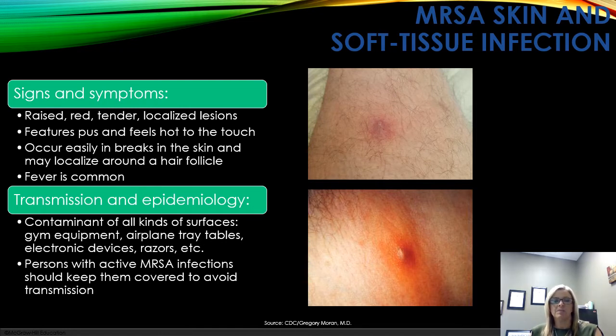So the signs and symptoms here are going to be a red, raised, very tender, localized lesion. It will often pit, which you can kind of see pitting going on up here, but it also will happen here. And it will occur very easily where you have an opening in the skin, so where that first line of defense has already been broken. And so fever can occur. So generalized fever, but it's definitely going to be very hot at the site of the sore, okay?